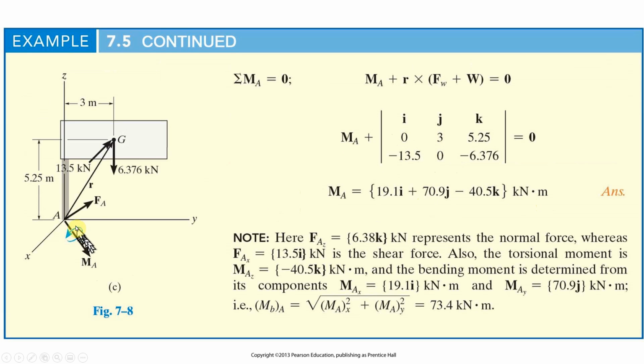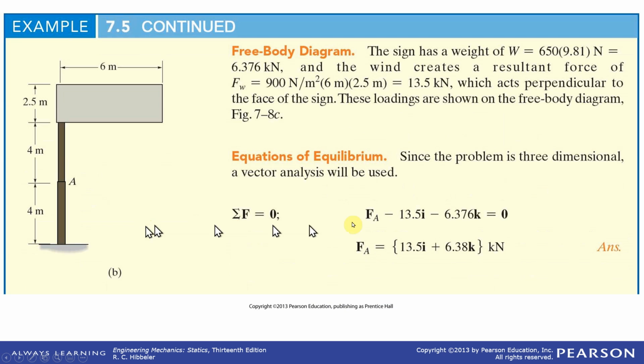So MA, yeah, crunch the numbers, you get MA equals all this stuff. That's MA. So now, and then we have a force down here also. And we're just balancing forces now. Oh, we've already done it. Okay.